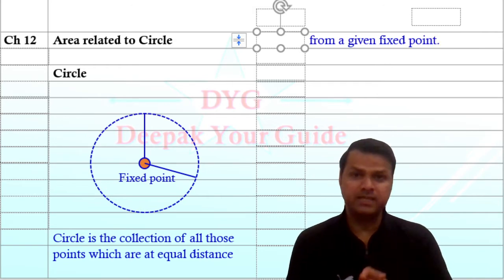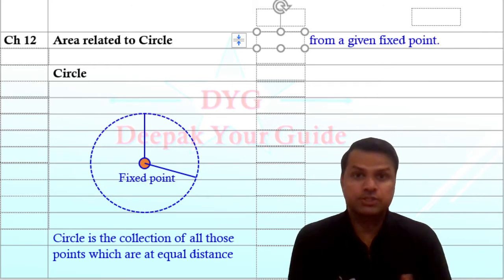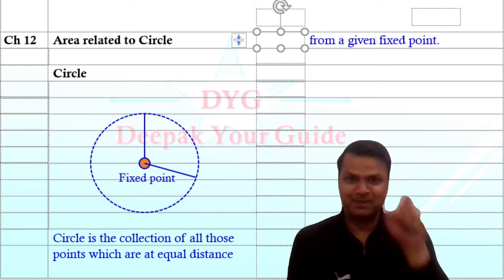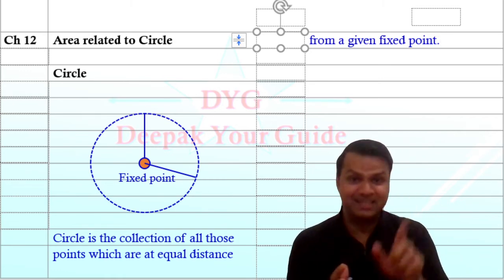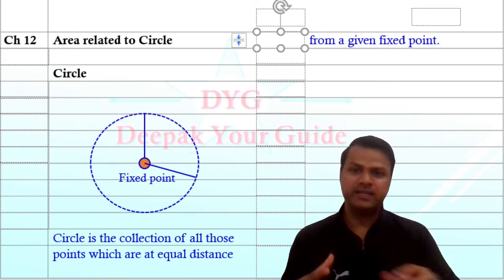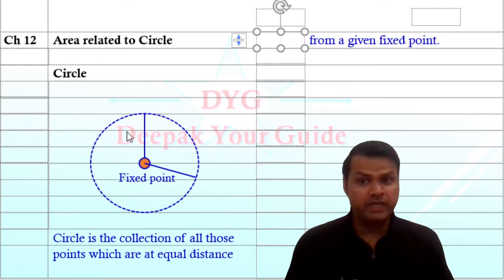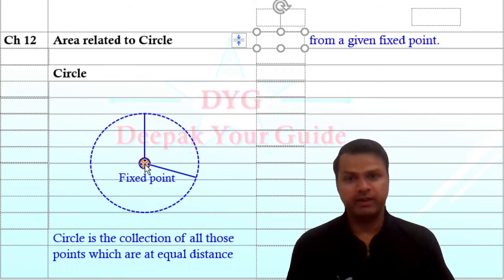So this is the basic definition. If someone asks you what is a circle, instead of showing this figure by moving your hand like this, you can now properly say that a circle is the collection of all those points which are at equal distance from a given fixed point. That's how we define the circle.